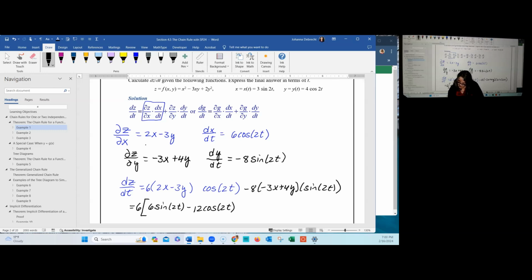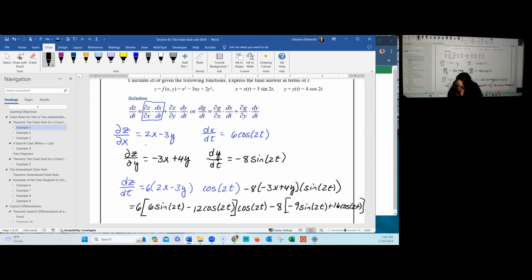And then for the next part, we would have minus 8. Did I finish that? Oops. Yep. I forgot the cosine of 2t on the outside. Minus 8 times negative 3 times x would be negative 9 sine of 2t. And then the plus 4y would be plus 16 cosine of 2t.